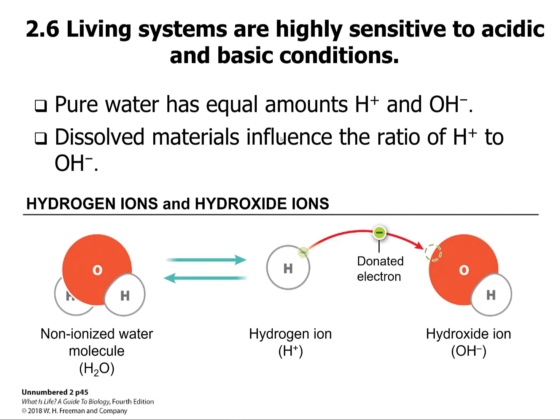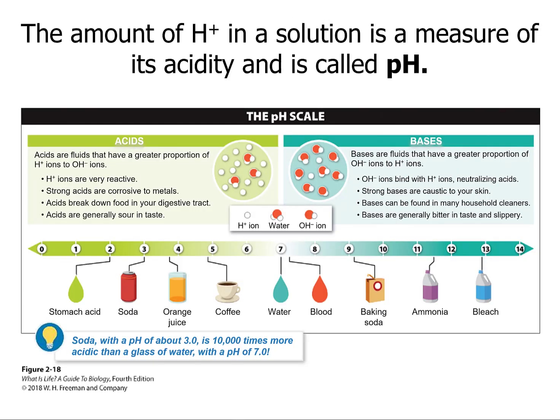In other words, if you have 70% hydrogen, then you would have 30% hydroxide ions, and so that would be a particular pH. Let me show you what I'm talking about.